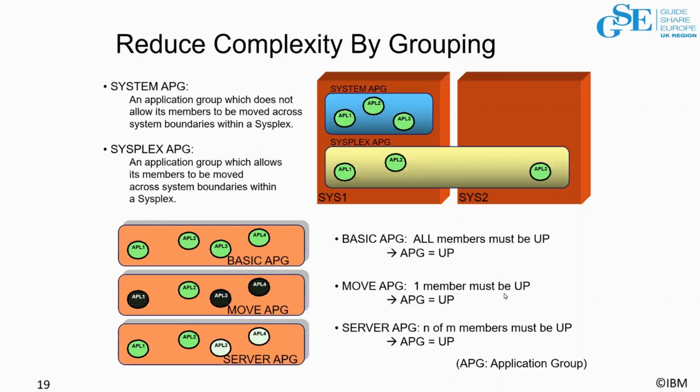There's a Sysplex move group where one and only one member of the group must be up for the application group to be considered up. And then there's a server application group where you can define a goal of at least N of the M members must be up for the application group to be considered up. So with those group types, you can pretty much come up with any scenario for what your application resources need.